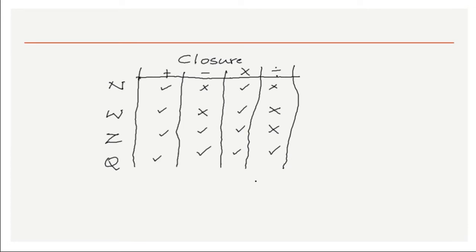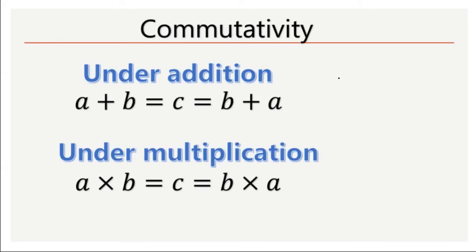On moving further, we will take up commutative property, which is also called commutativity. We will discuss commutative property under two operations: addition and multiplication.